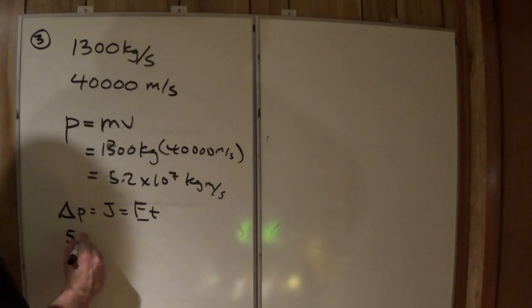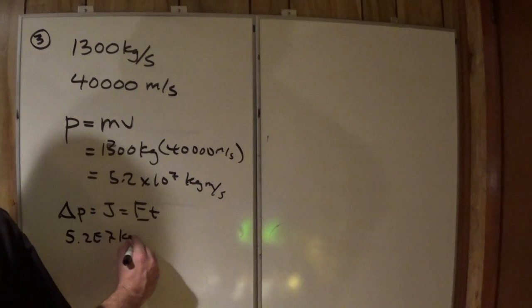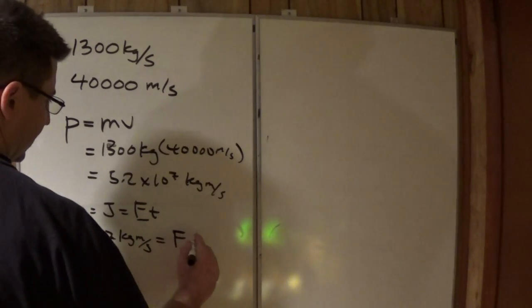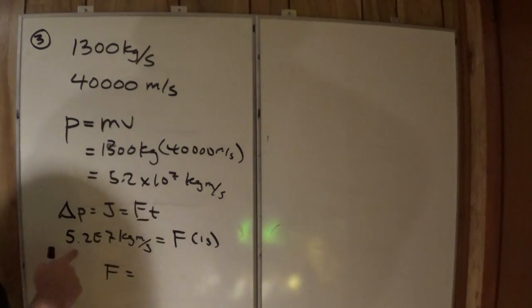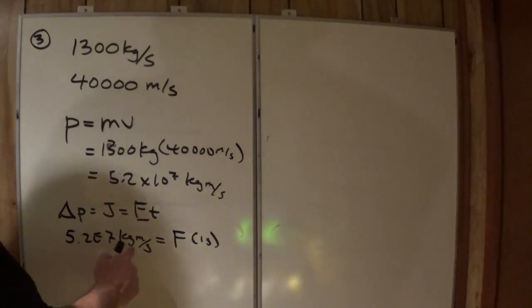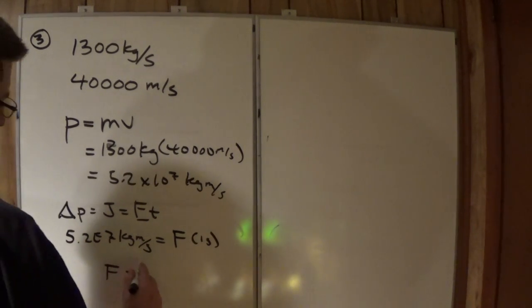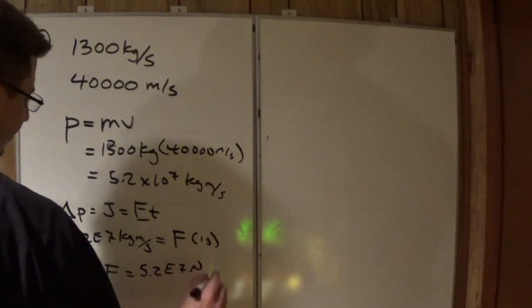So 5.2 times 10 to the 7th kilogram meter per second is equal to F times 1 second. So the force is simply 5.2 times 10 to the 7th kilogram meter per second, which is a Newton. So 5.2 times 10 to the 7th newtons.